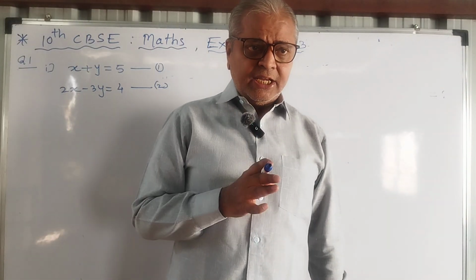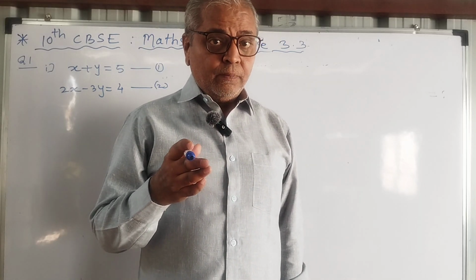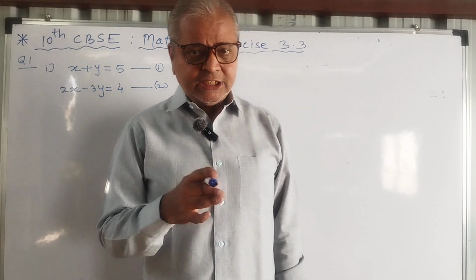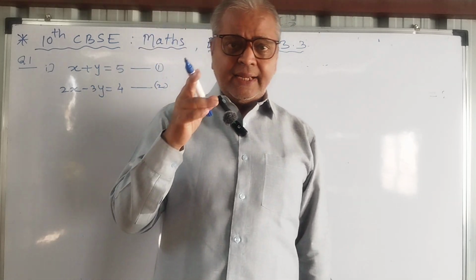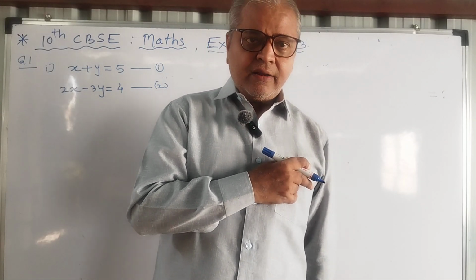See, in elimination method, first step is try to make the coefficient same at least for one variable. At least म्हणण्यापेक्षा कुठल्या तरी एका व्हेरिएबलचं कोएफिशियंट आपल्याला इक्वल करणं गरजेचं आहे.